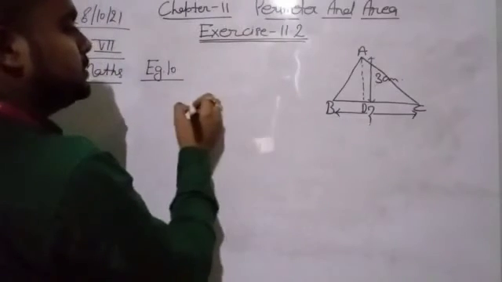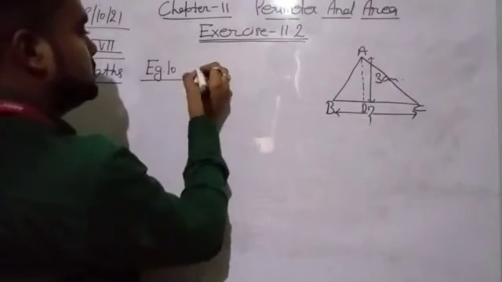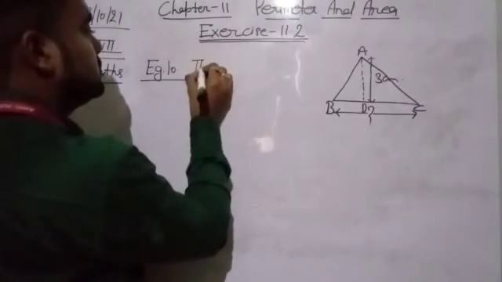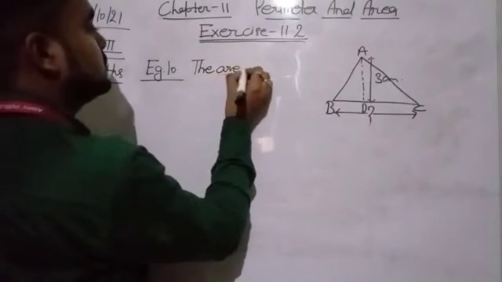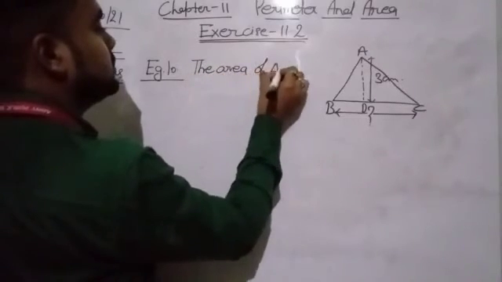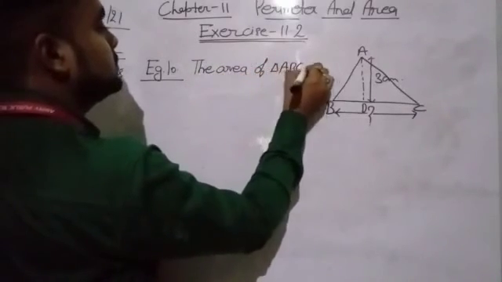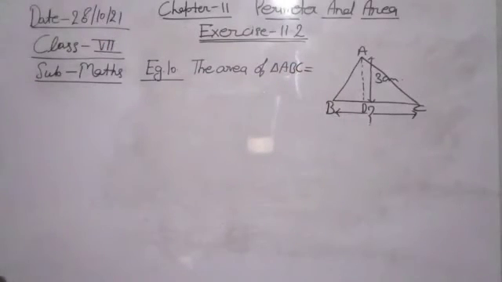We have to find the base, that is BC. The area of triangle ABC is given, that is 36 centimeter square.